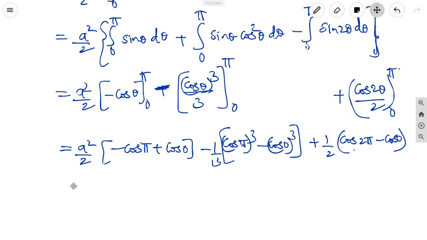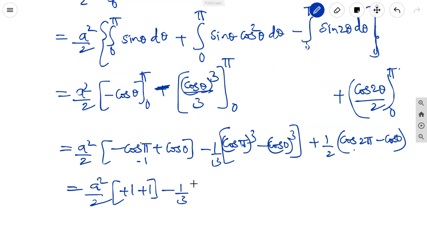It is equal to a square by 2, cos pi value is -1, minus into minus plus 1, cos 0 is also 1, minus 1 by 3, cos pi is -1, minus 1 whole cube is -1, cos 0 is 1, 1 cube is also 1, minus 1, plus 1 by 2, cos 2 pi is nothing but 1, cos 0 is 1, minus 1.